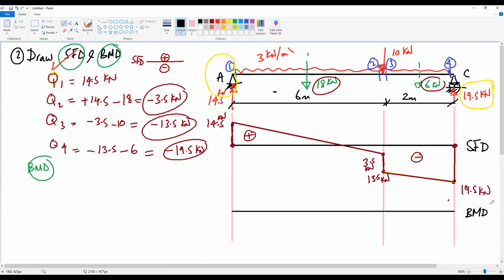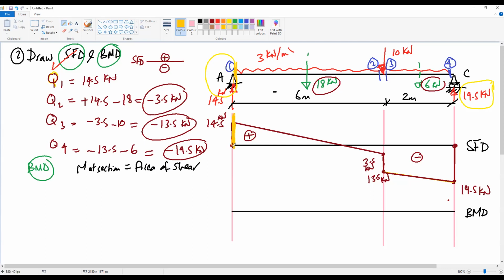How can we draw the bending moment diagram for this beam? Last week we said that the moment at any section equals the area of shear up to this section. Okay, so if we want the moment at section 1 here, what is the area of shear at section 1?